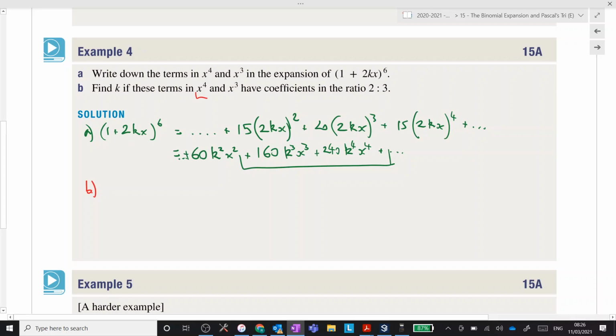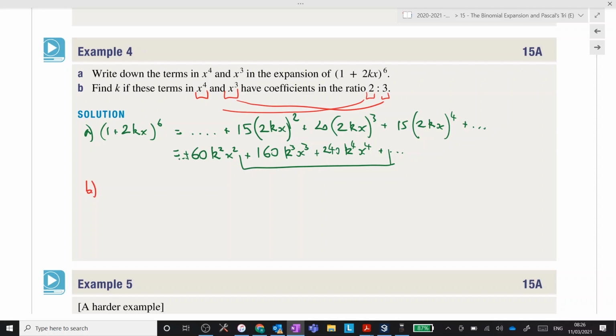Now, it's important to look at which order they do it in. A couple of different ways you can do this. You can write it as a ratio and work it out, or you can write it as a fraction and work it out. It's probably easier to write it as a fraction because a ratio is just a fraction.